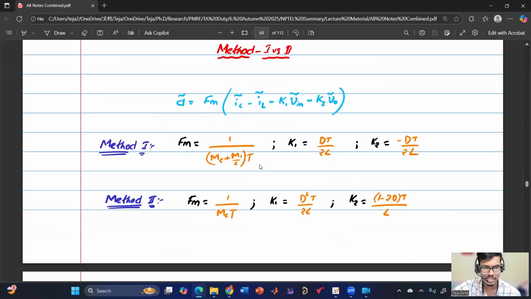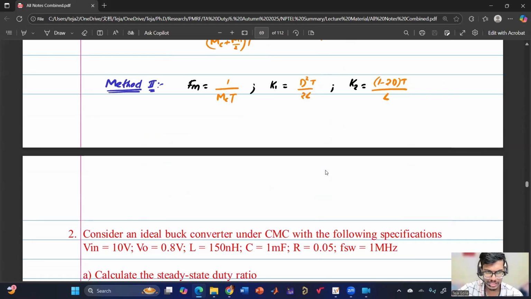I have given you this table because every time you cannot derive the expression. So you can see and remember these final expressions, which may be needed for your final exam. But sir has shown that the first order approximated model is quite closely matching the dynamics.